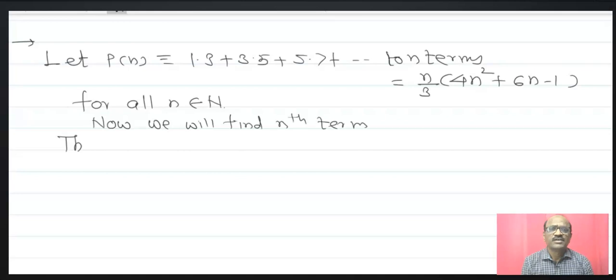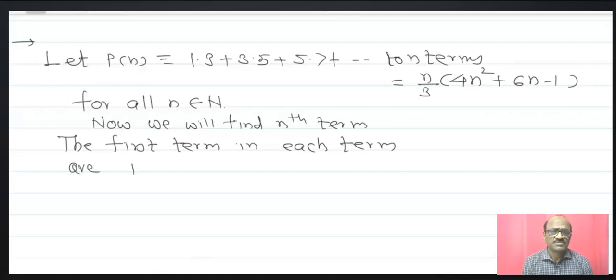Now we'll find out here the nth term is not given, and the given series is the product of two terms. Therefore, we'll find out independently Tn for these two terms. Now the first term in the series is, that is 1, 3, 5.